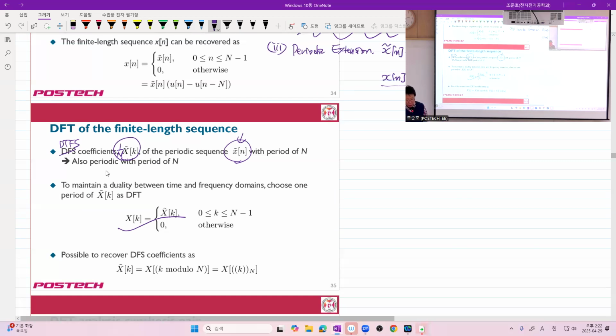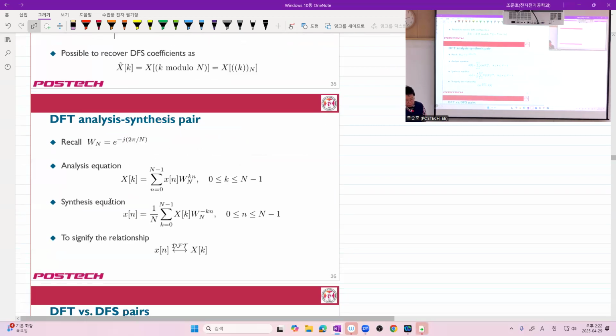Anyway, we already know this. By the way, using this W sub N notation, this is simply the definition of DFT. And this is what? This is the synthesis equation, right? This is the analysis equation.